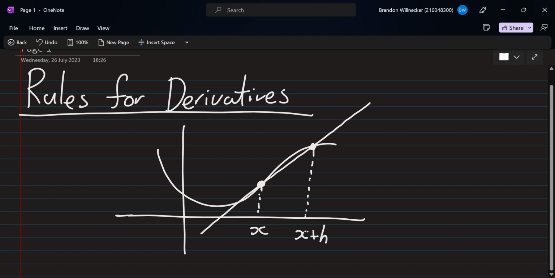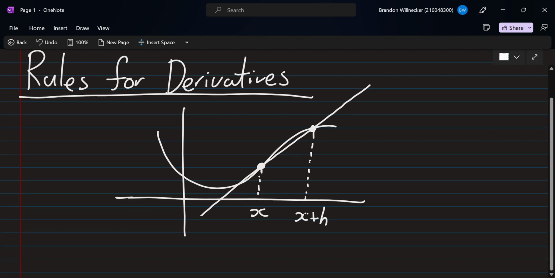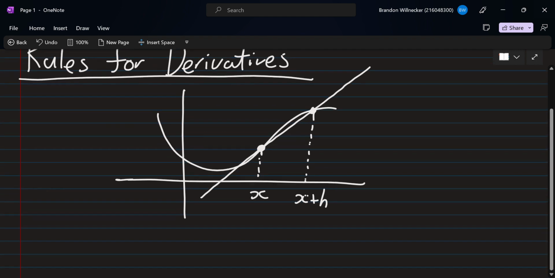We'll start off with the definition for the derivative, which you've seen before. What we do is we take the average gradient between 2 points. So here we have 1 point at x and another one a little bit away at x plus h.